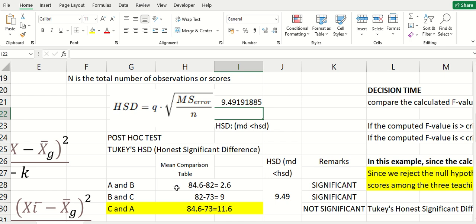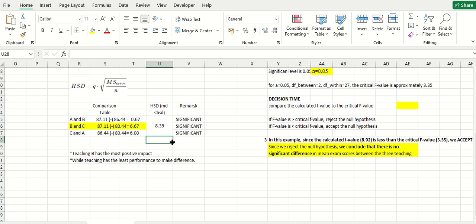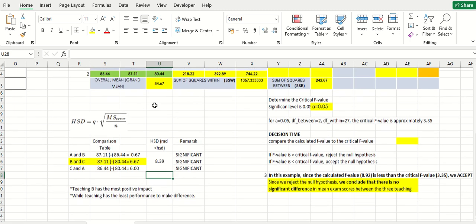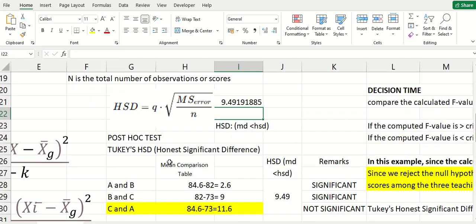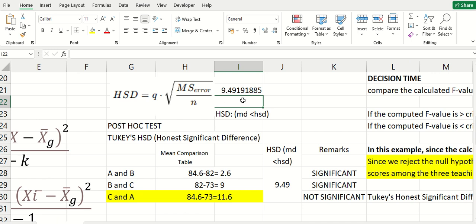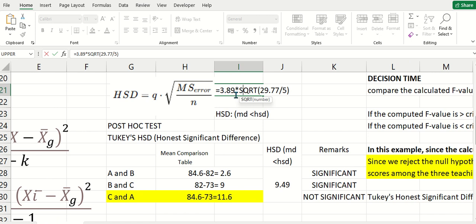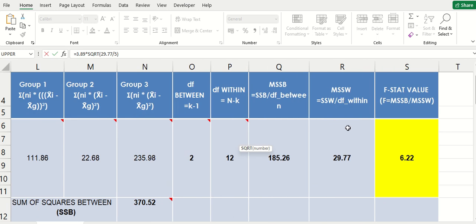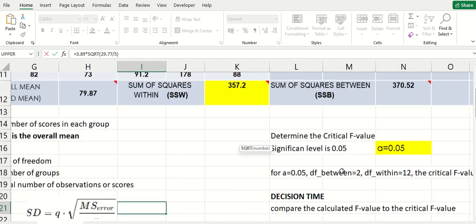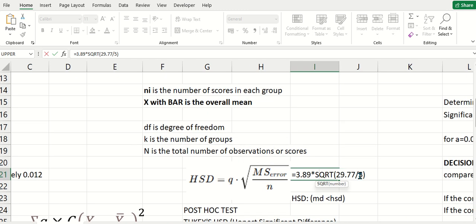So in our example, our critical value is 3.89, and we multiply it by the square root of 29.77. The 29.77 came from the mean squares within, then divided by 5.